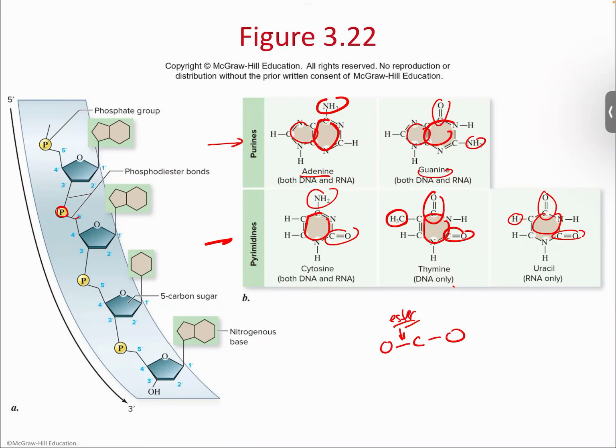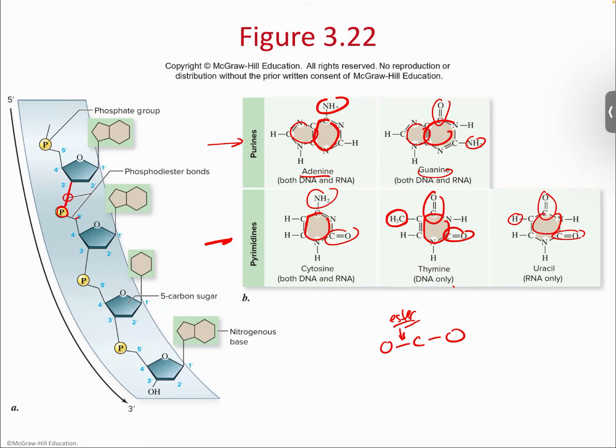But because this is a carbon bound to an oxygen that's part of a phosphate, that's the reason why they call it a phosphoester. So this is a phosphoester. And then the other oxygen is bound to the 3' carbon of the adjacent nucleotide. So that's the other phosphoester bond.